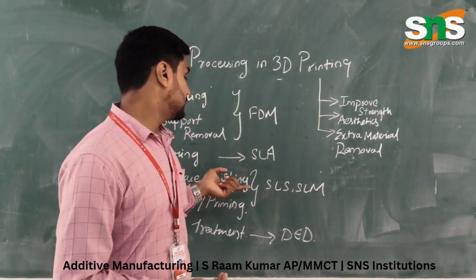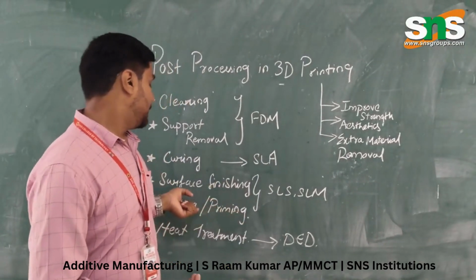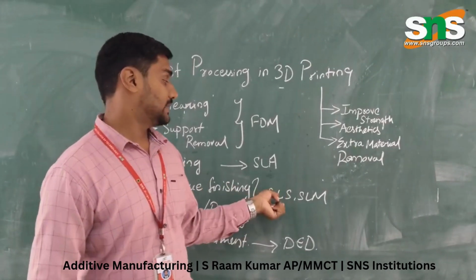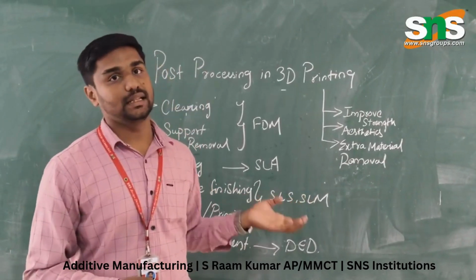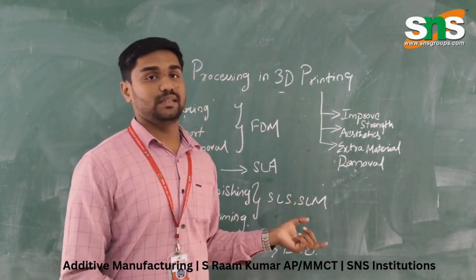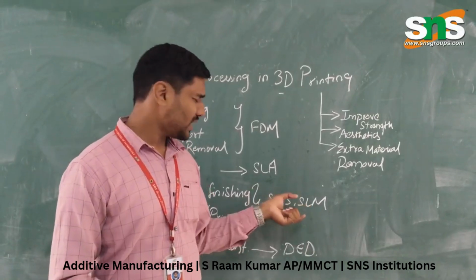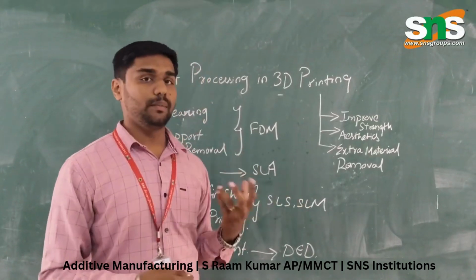Then the surface finishing, and also painting and priming. These two processes are carried out only in SLS and SLM, which are metal printing-based technologies through which the laser cures the powder material.